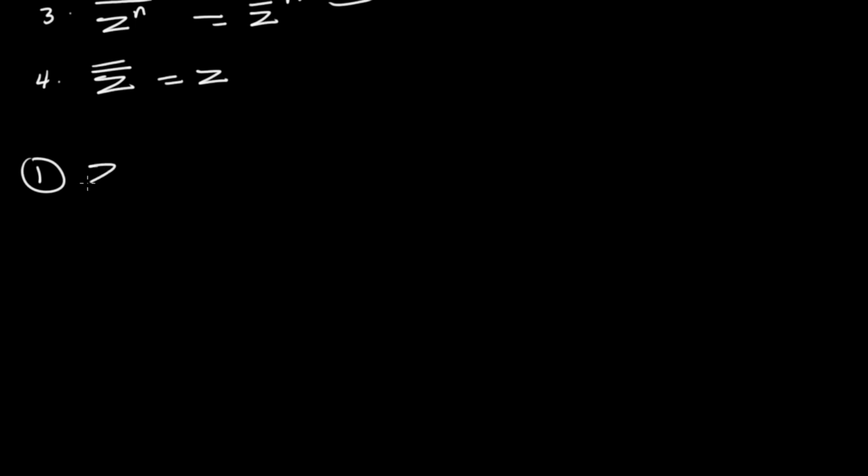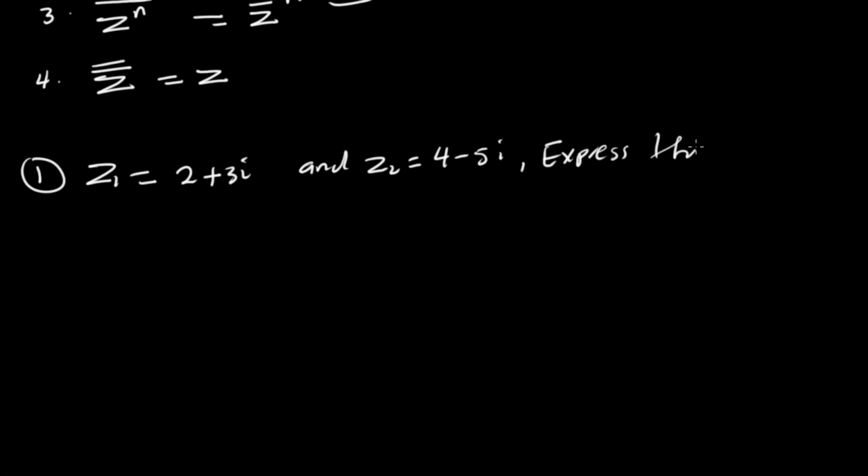If you have z1 equal to 2 plus 3i and z2 equal to 4 minus 5i, express the following in the form x plus iy.